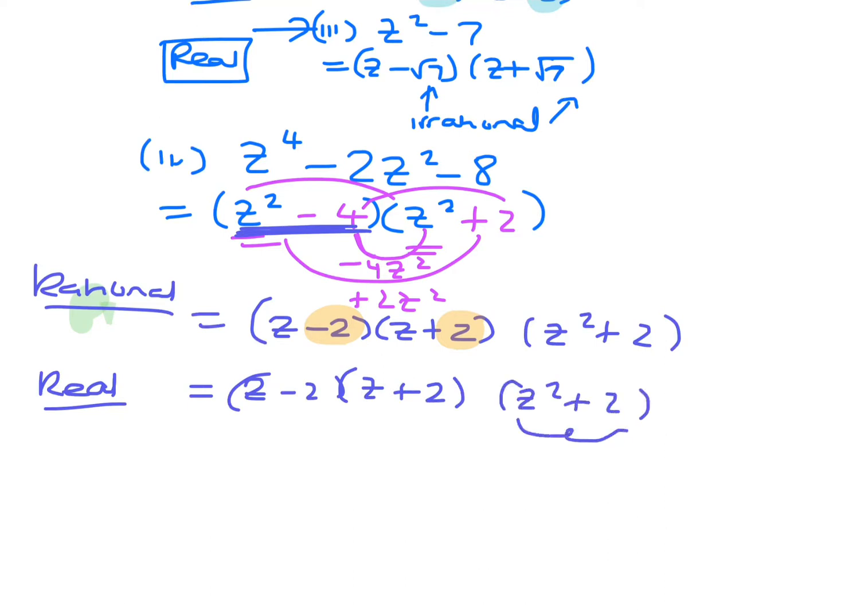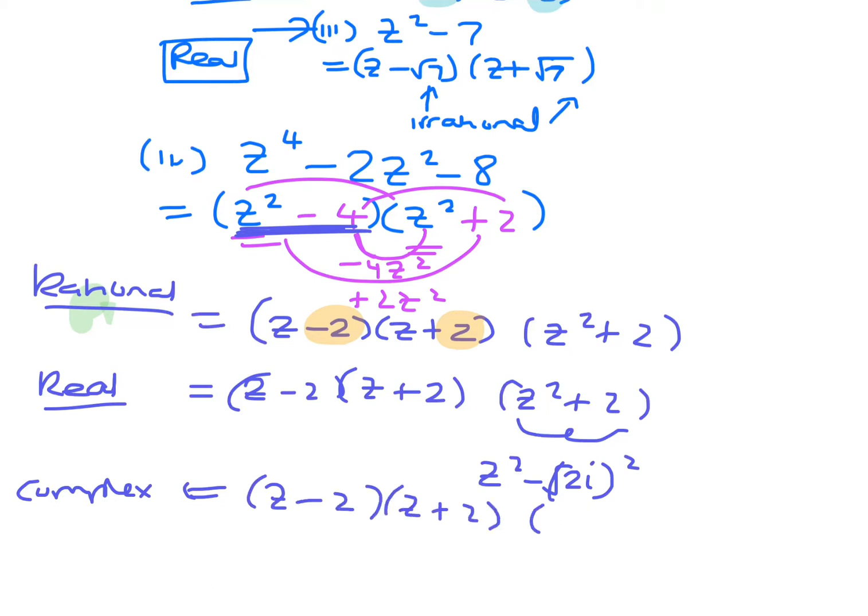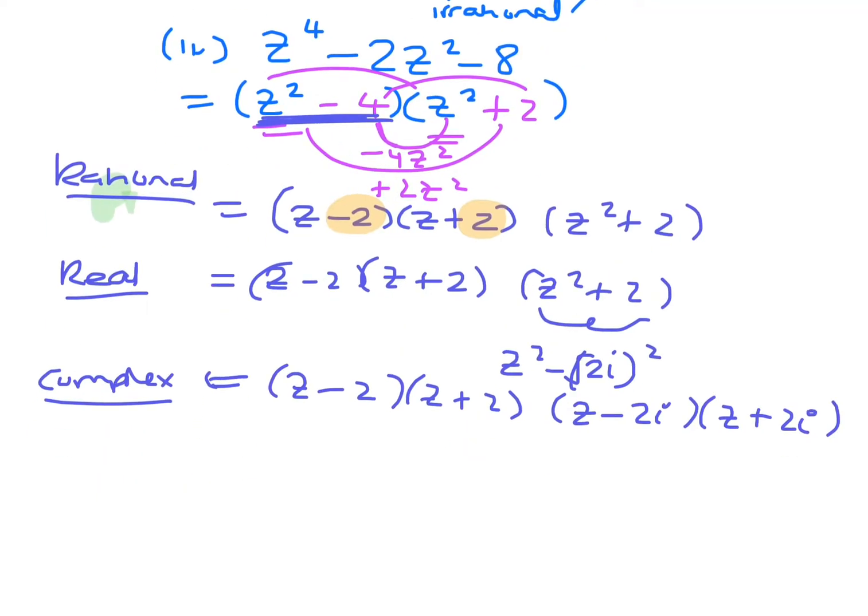Now the z squared plus 2 can be written as z squared minus root 2i squared. So if we factorise that, we'll end up over the complex field. So it's z minus 2, z plus 2, z minus root 2i, z plus root 2i. That will be over the complex field.